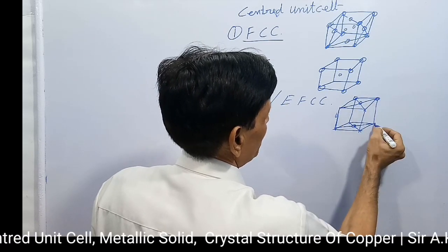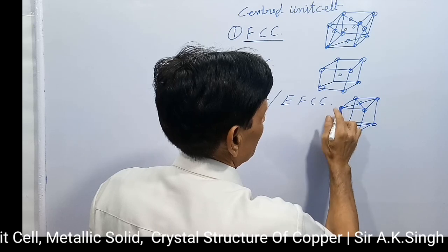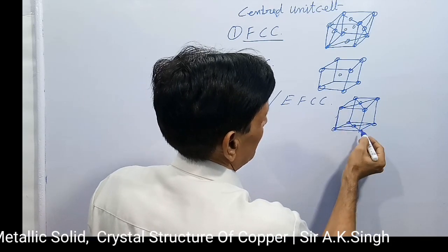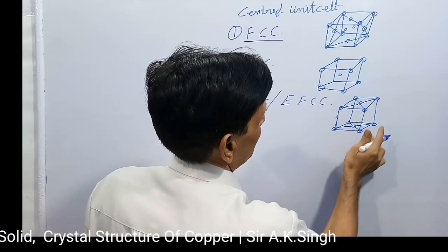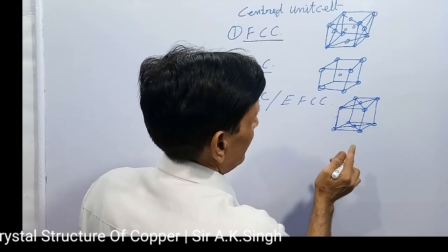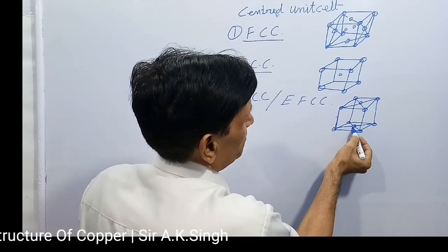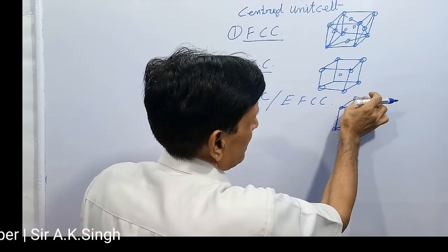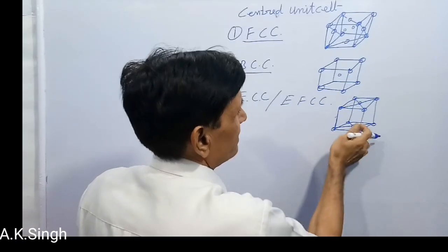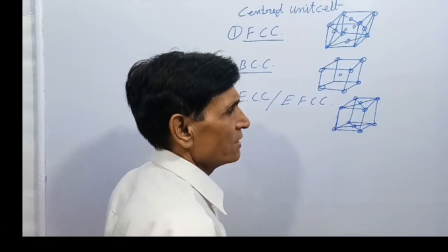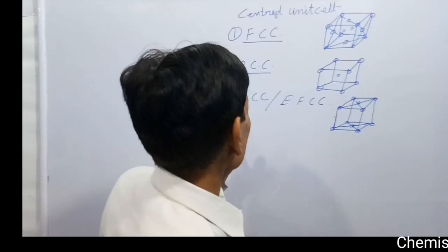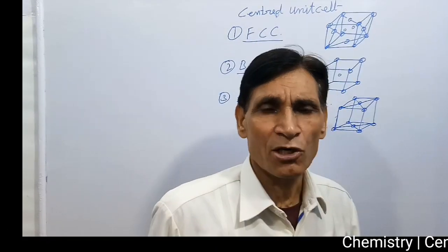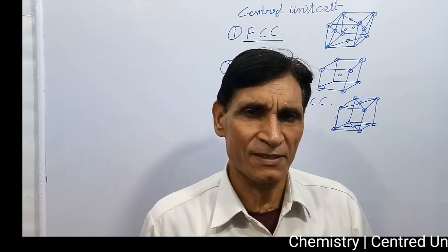Particles are present at the corners, and one particle is present in the center of any two opposite faces, either these two or this side. Such a unit cell is known as an end-centered unit cell or end face-centered unit cell.